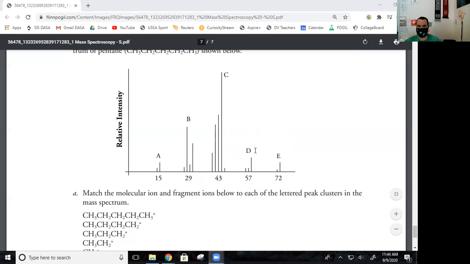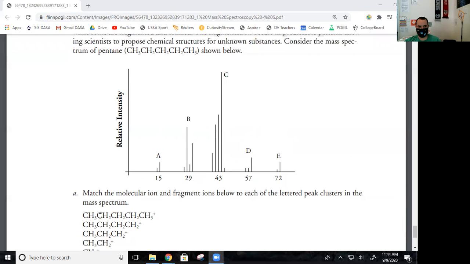We're taking these letters that represent the peaks and assigning them to this. Does that sound correct? Okay. So CH3, CH2, CH2, CH2, CH3, full pentane, an ionized molecule of pentane. What letter of these would represent the full pentane molecular ion? What Oliver is trying to do here is this. He's doing an E, yes.